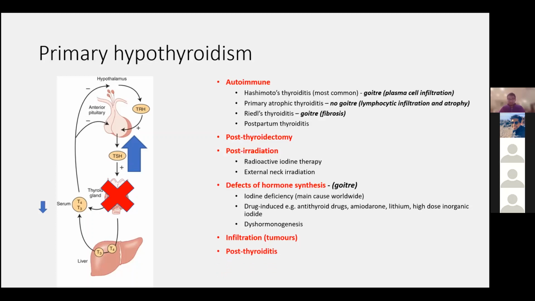Infiltrations, so tumors of the thyroid gland, if they infiltrate healthy tissue, can cause a patient to become hypothyroid. And I've already talked about viral thyroiditis. In the post-acute phase, you can have a hypothyroid phase while the thyroid gland is recovering. And lastly, congenital reasons, so patients lacking a thyroid gland, agenesis, for example.